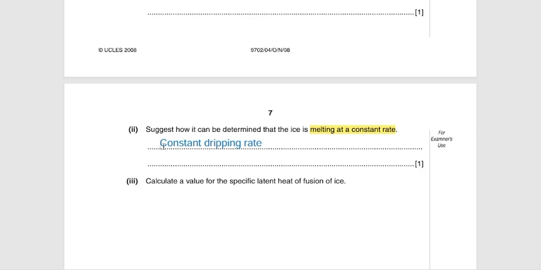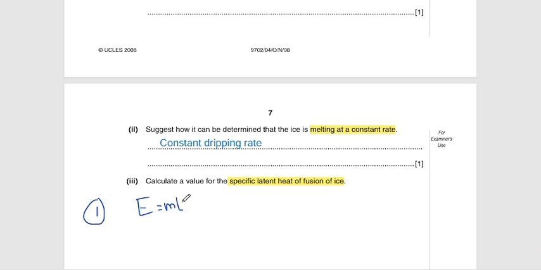And then we have to calculate a value for the specific latent heat of fusion of ice. The first step is to write the formula: E equals mL. This is the energy, the mass, and the latent heat of fusion that we have to find.